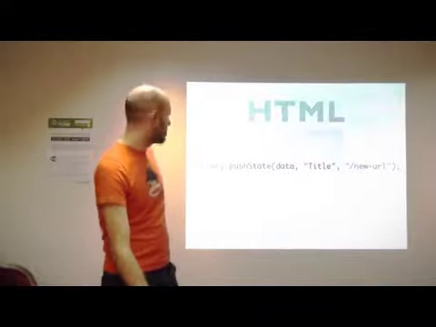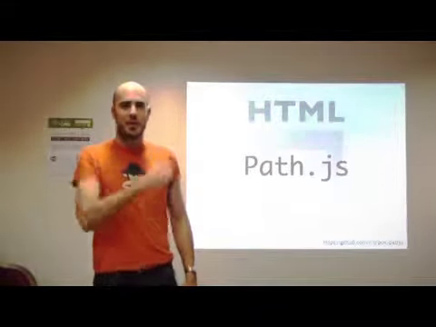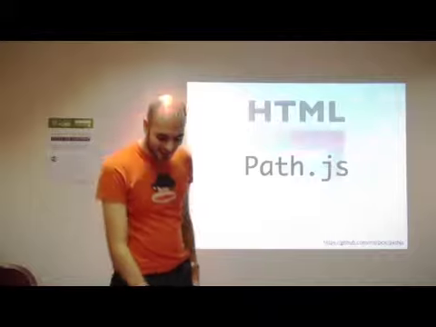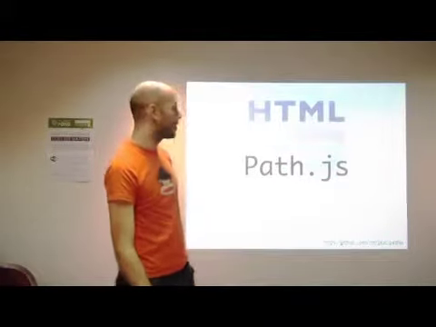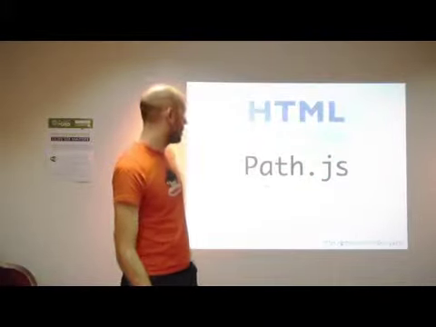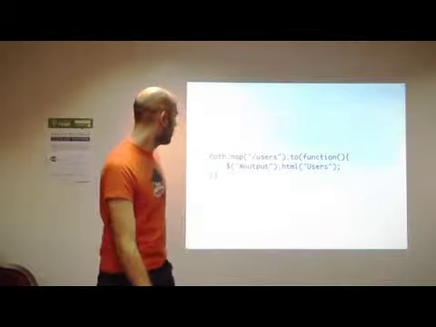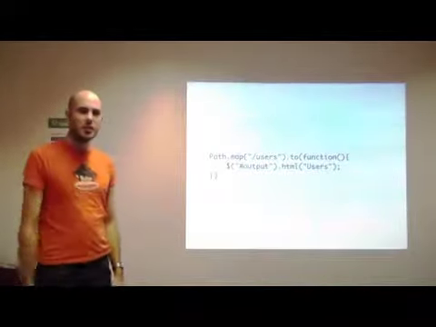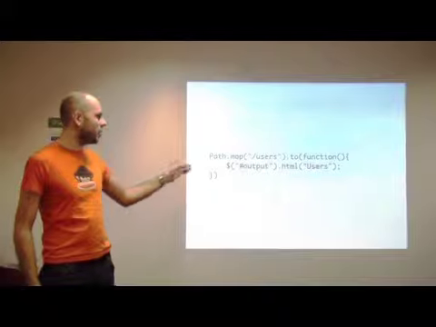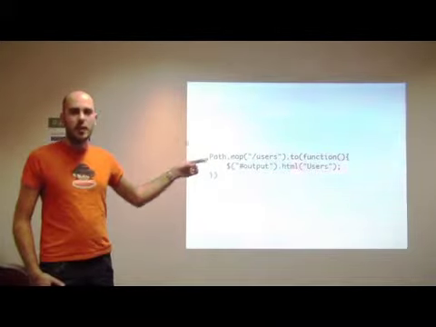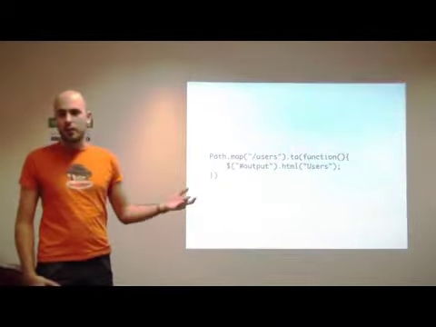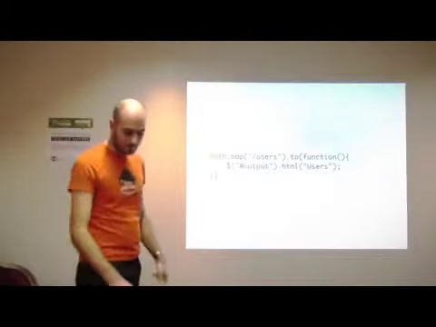And I'm going to use a little library called Path.js because then the syntax looks better on my slide, and it requires fewer lines, but it basically works the same. With Path.js, you can define a URL and then say, okay, instead of going to this URL, I want to execute this JavaScript.